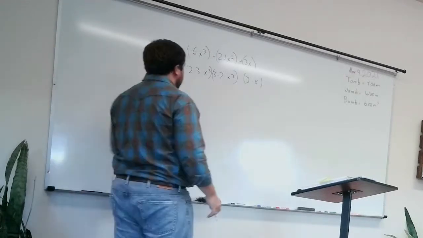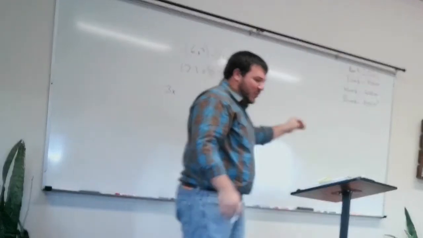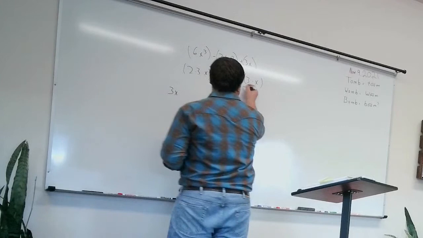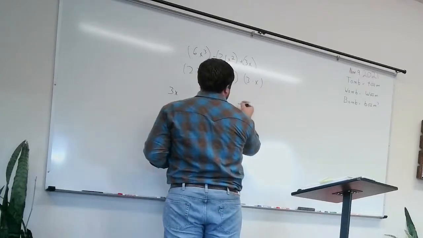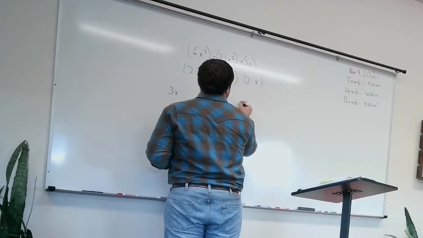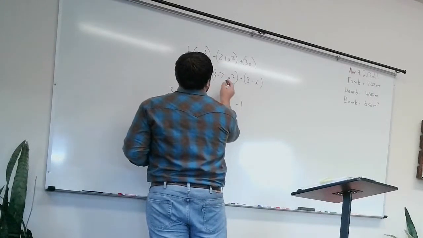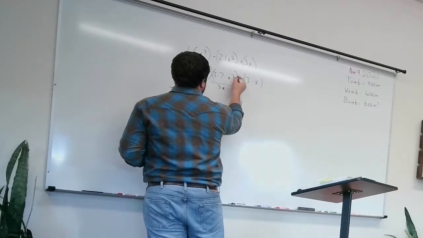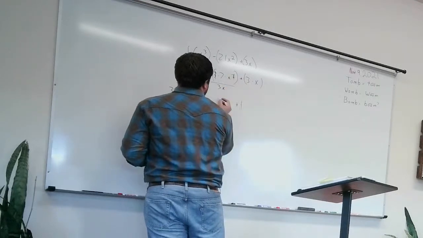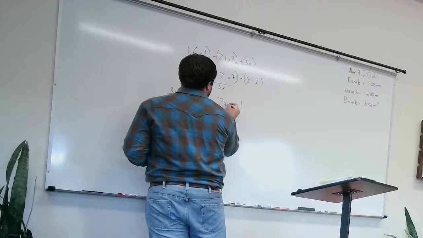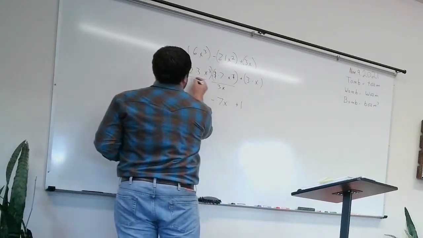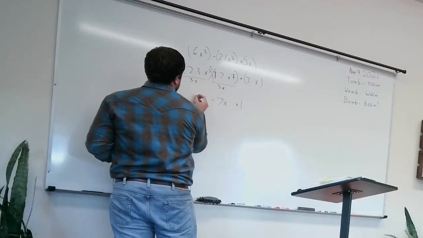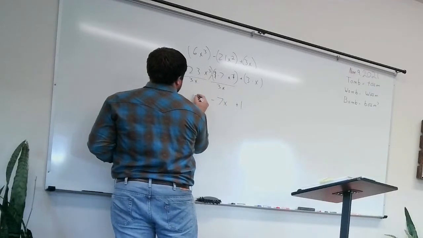Now basically we write the rest of these without the common factors. Once we divide this by 3 and x, we get 1, because there's nothing left. Once we divide this by 3 and x, we get 7x. And once we divide this by 3 and x, we get 2x squared.